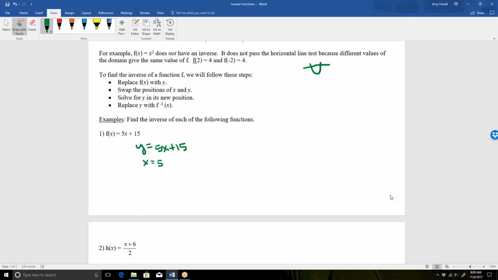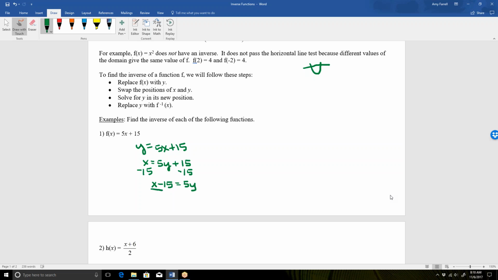You're just going to completely swap the positions of x and y. And then we're going to solve for y in its new position. To isolate y, I would subtract 15 from both sides. This means x minus 15 is equal to 5y.